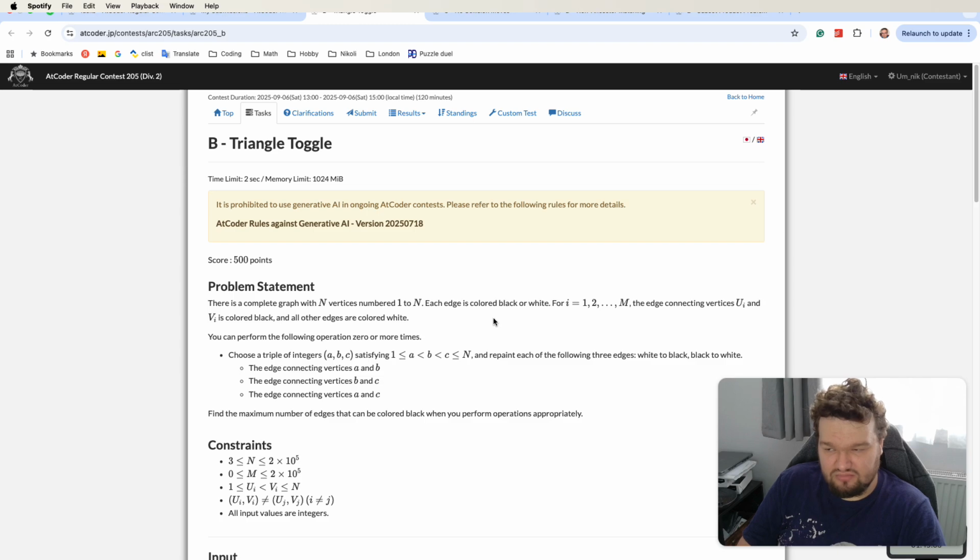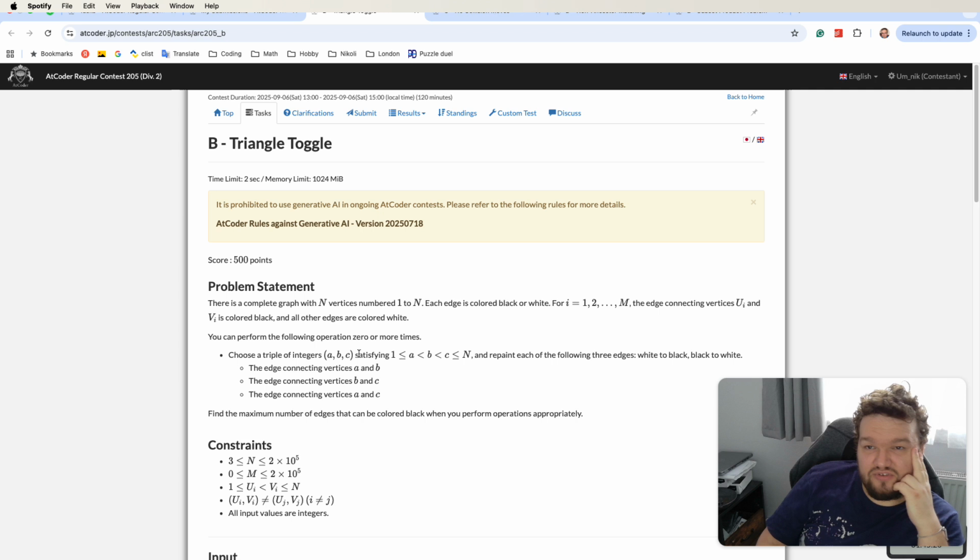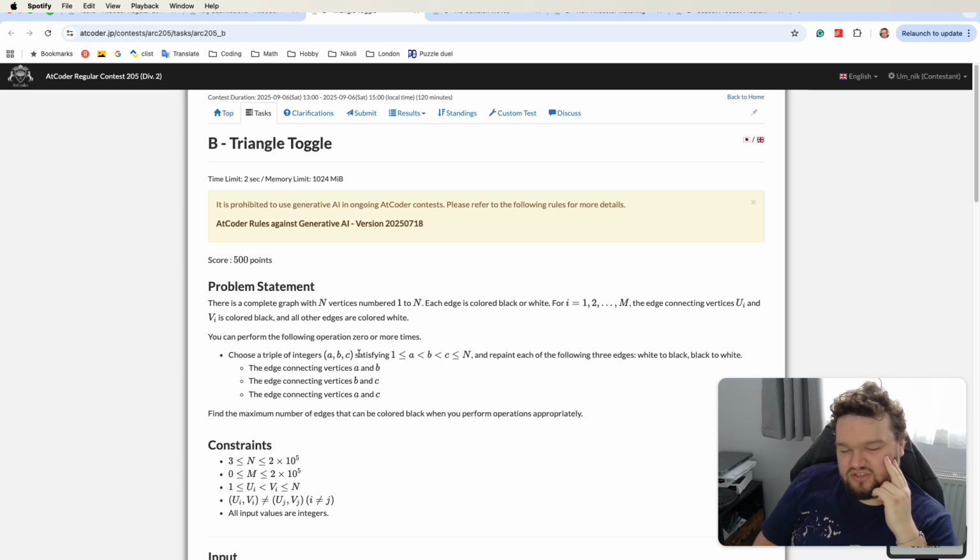So we want to minimize the number of white edges. Since in every operation we flip two edges that are connected to one vertex, we do not change the parity of the number of black edges connected to one vertex. Is it just the criteria and we can achieve everything with correct parities? Like, probably.